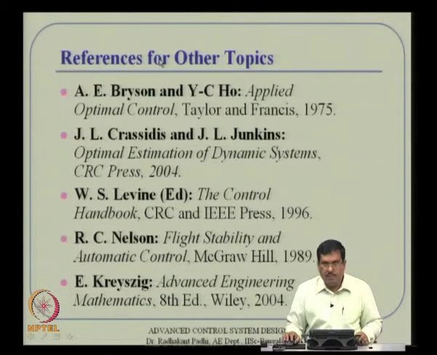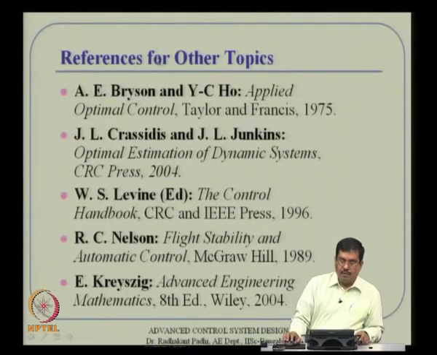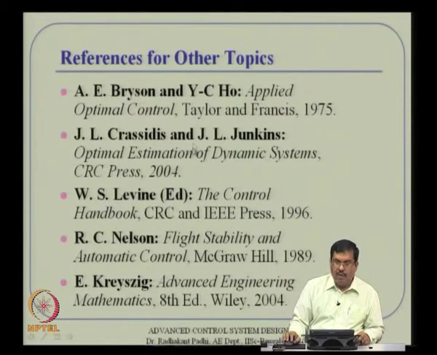For some other topics, for example, optimal control will be taken from Bryson and Ho. Filtering, like Kalman filter and so on, will be taken from Crassidis and Junkins. There is a very neat Bible-like book here, the Control System Handbook. For just about any topic you can have a quick overview with this book.